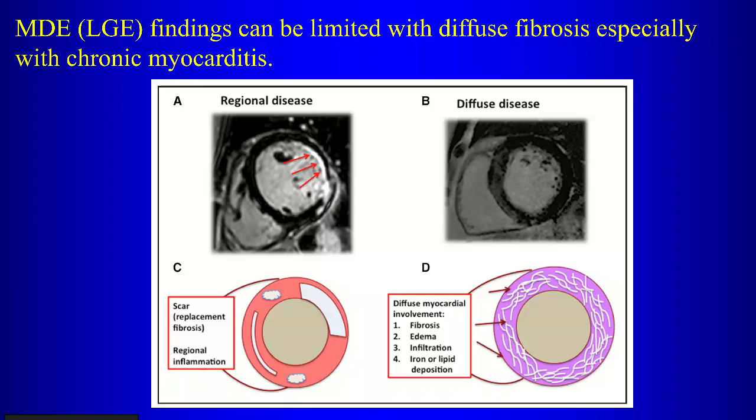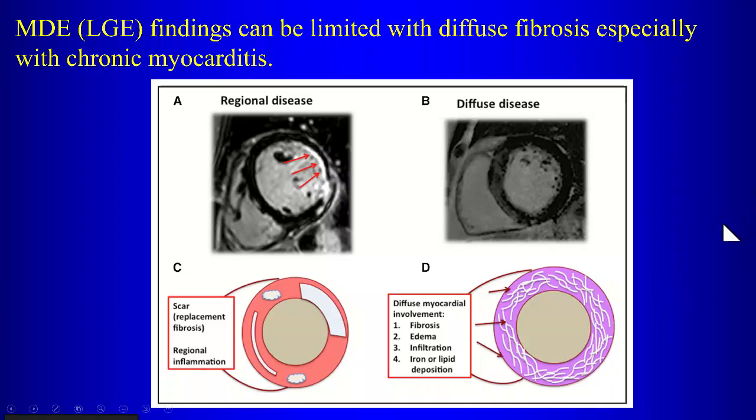So where there are diffuse abnormalities, it's hard to find those abnormalities when we do our conventional myocardial delayed enhancement sequences. And this is where T1 mapping can help. So where there is diffuse fibrosis in the myocardium, the native T1 times of that myocardium will be abnormal, even though on myocardial delayed enhancement sequences, you won't find the abnormalities, okay?